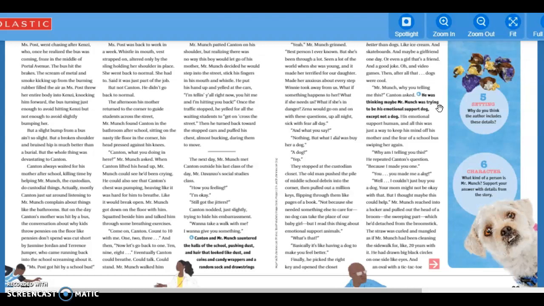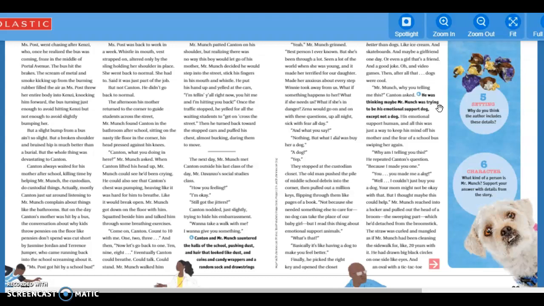He also talks about, in the story, the author talks about how Mr. Munch got his wife a therapy dog, and how he talks a lot about how Mr. Munch loves his wife and how he was trying to help his wife. So it doesn't come right out and tell us exactly what Mr. Munch is like.